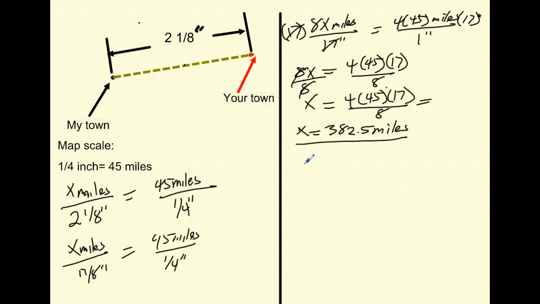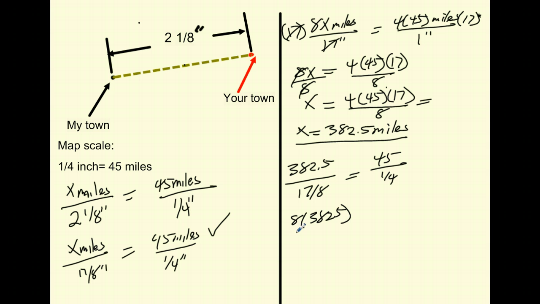Now, if you want to check if that's correct, you can plug x into your equation and say 382.5 divided by 17/8 is equal to 45 divided by 1/4. Okay. And you invert and multiply, so you have 8 times 382.5 divided by 17 equals 4 times 45.